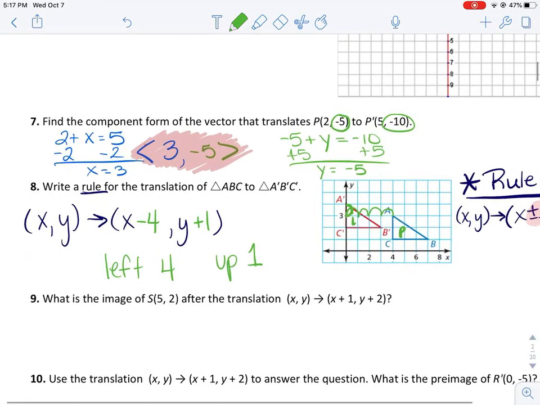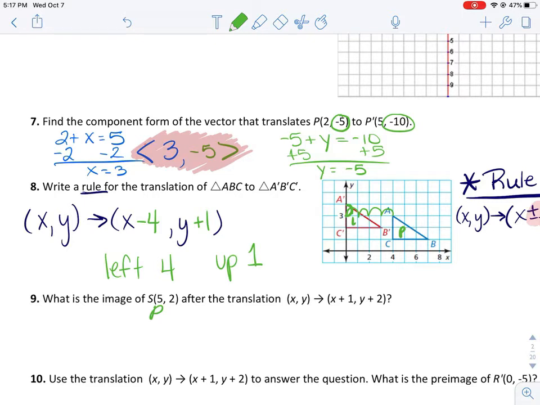Now we're going to get into something slightly trickier. We're going to use the rule form here on number 9. So here is our pre-image. Point S has the coordinate (5, 2). And then we're going to translate it using the rule form of (x, y) becomes (x plus 1, y plus 2).